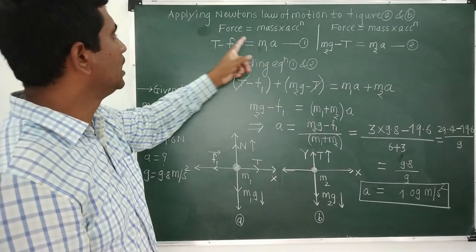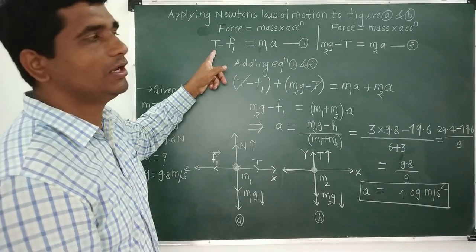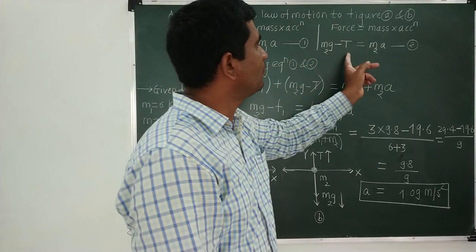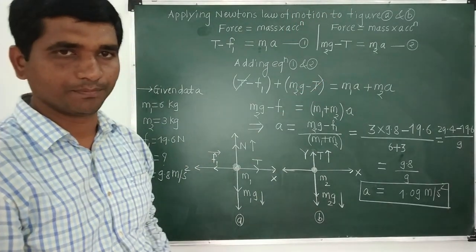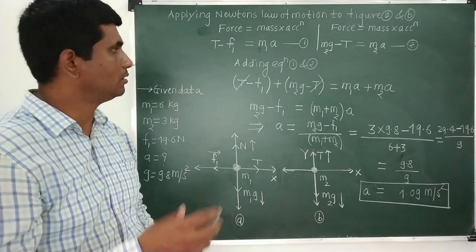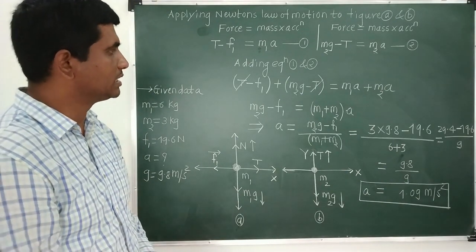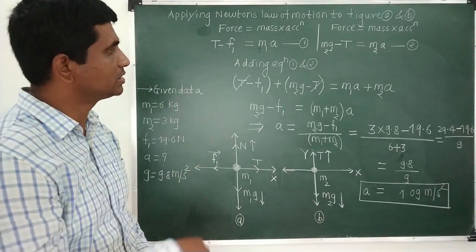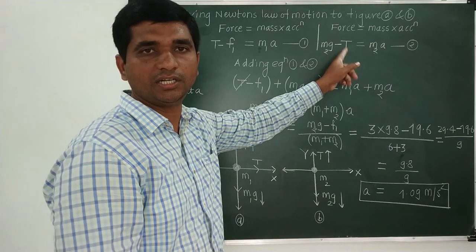M1 value you know, F1 value you know, so you can easily calculate the value of T. You can even put the same values in equation number 2 to get the value of tension. I hope you can do this as an assignment, as an exercise problem for homework. Take the same problem and work out the value of tension in the string.